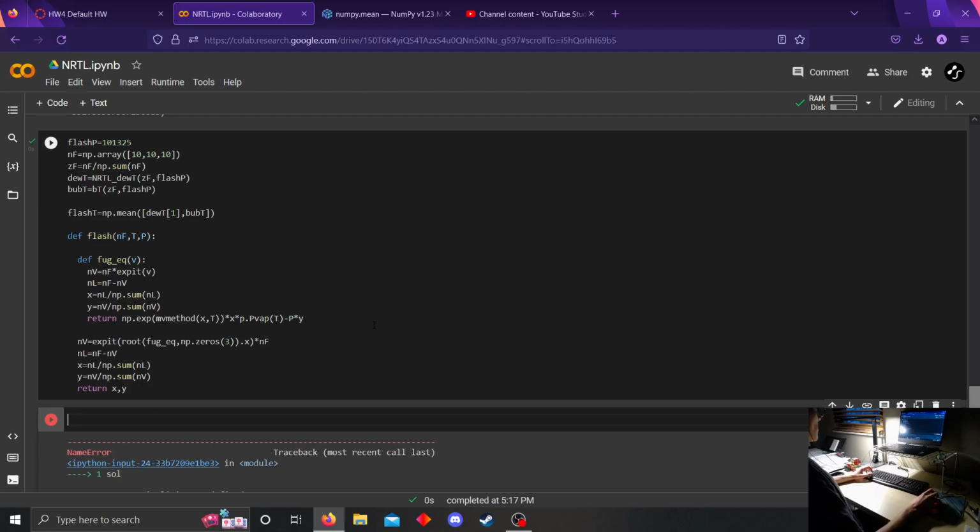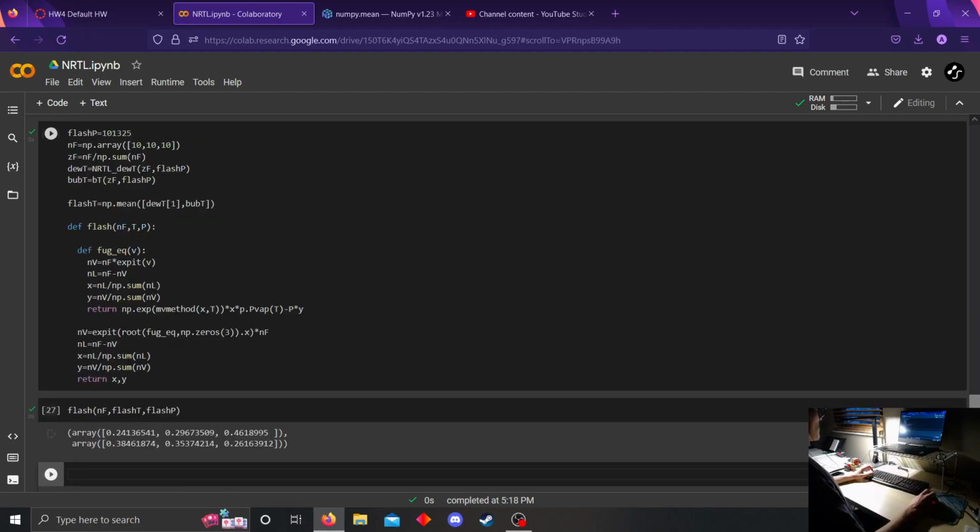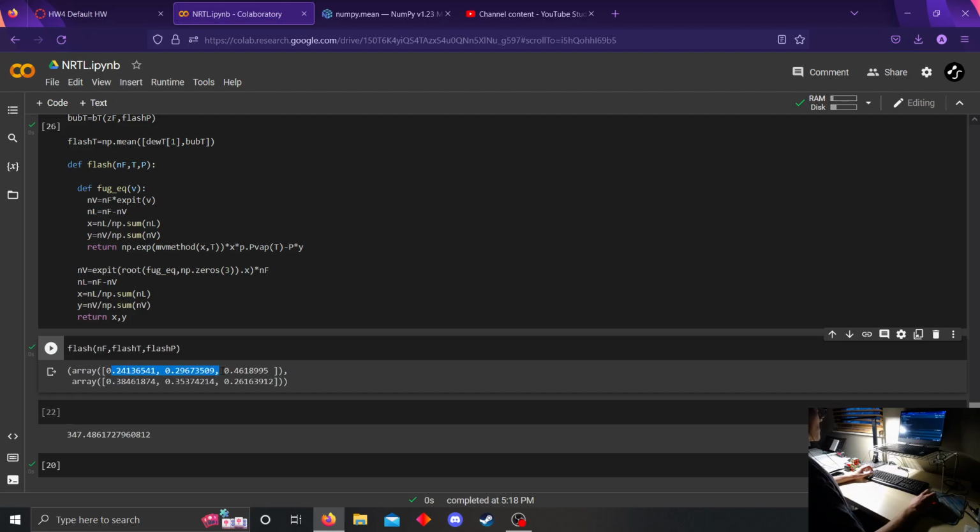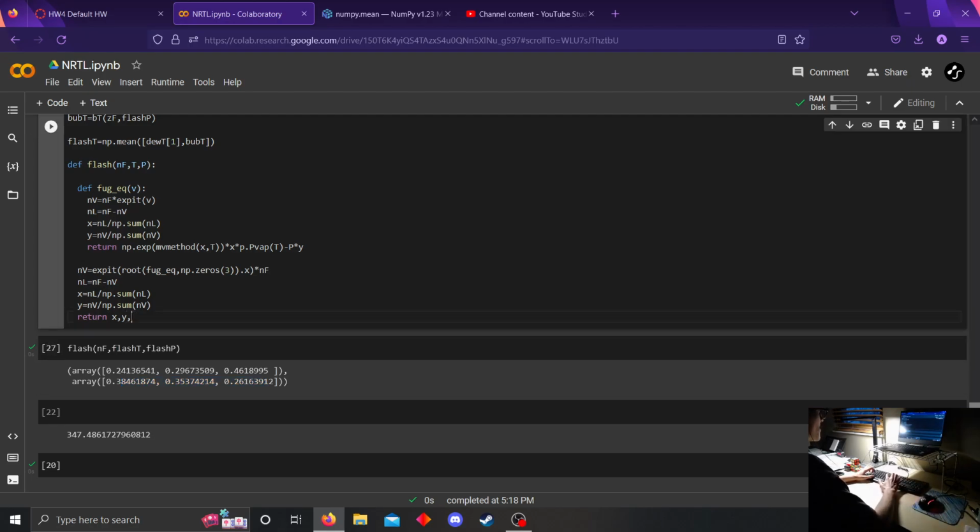I'm going to call flash at nf, flash T, flash P. Okay, and then we get the compositions. So this is the composition of x, composition of y.